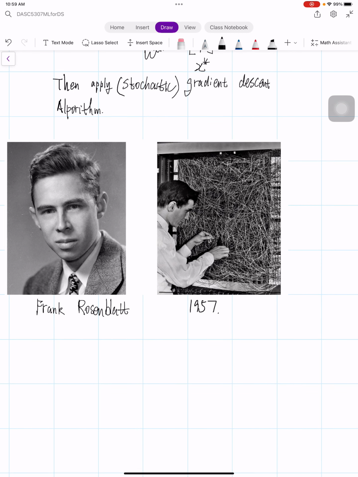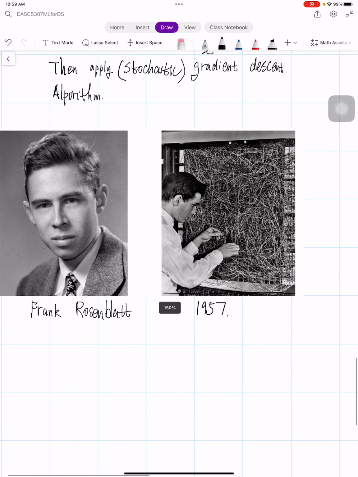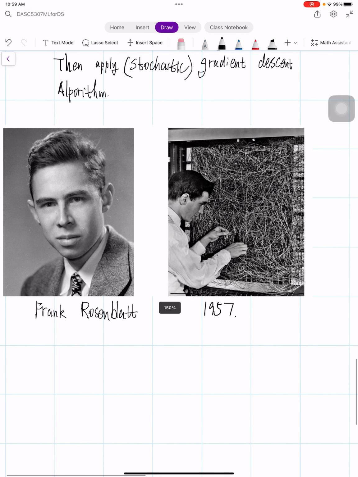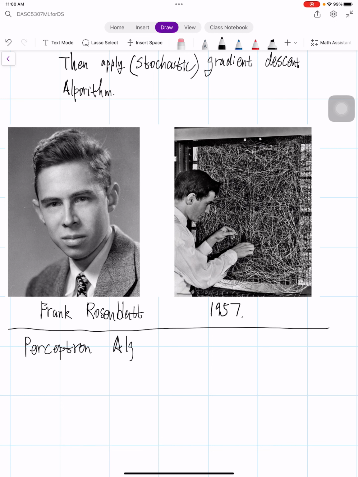So far, this algorithm is known as the perceptron algorithm. We conclude this is called the perceptron algorithm, just searching the weights using the stochastic gradient descent algorithm and finding the linear classifier.